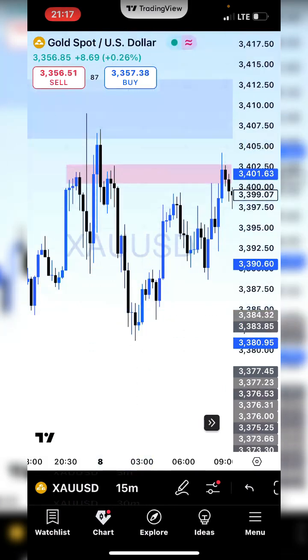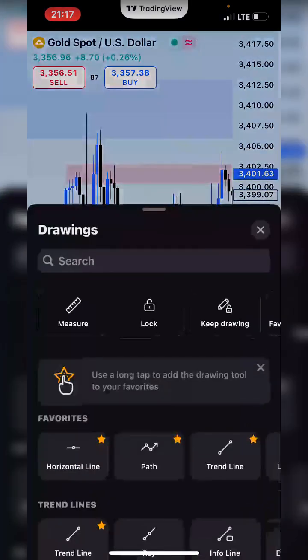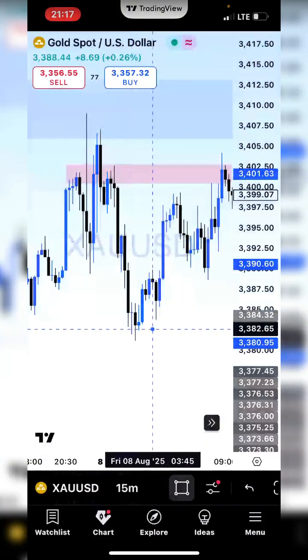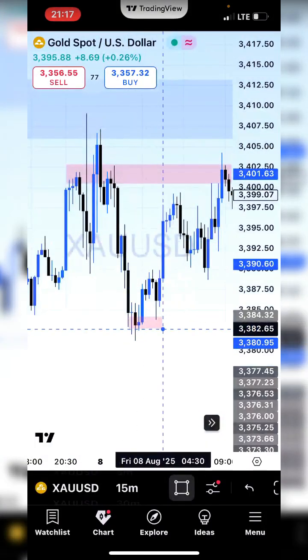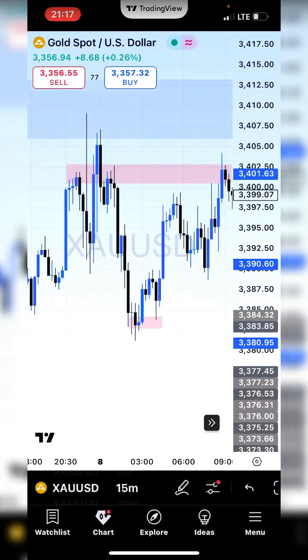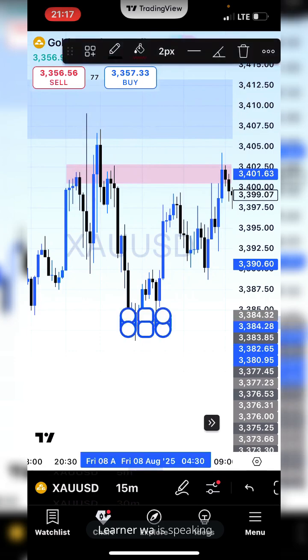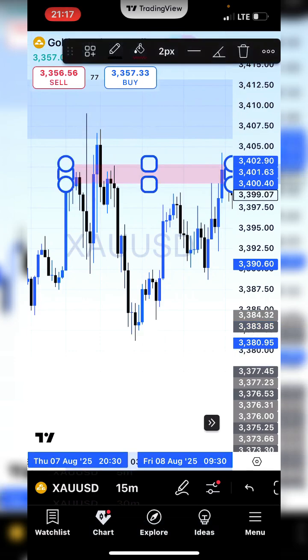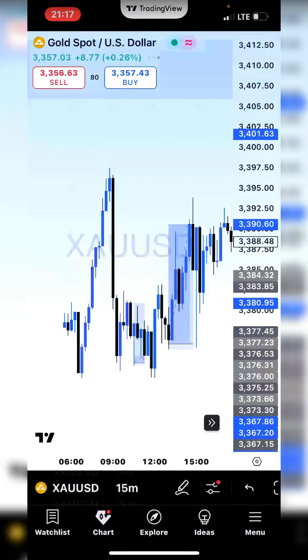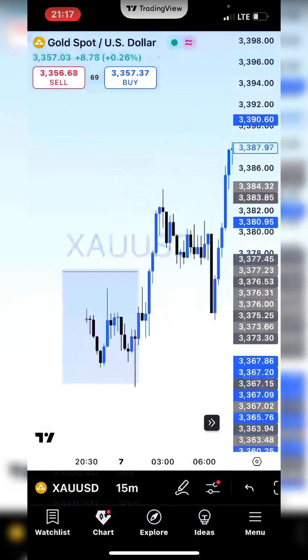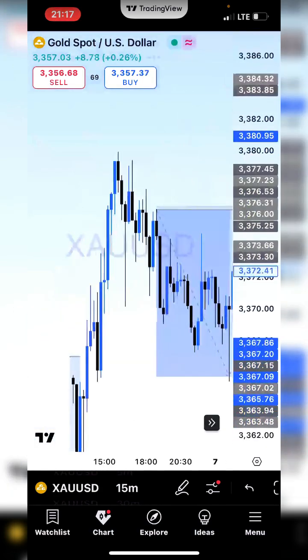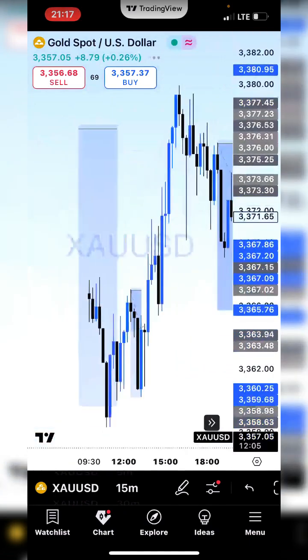So again, this is an invalidation, a buy invalidation. Are you guys seeing it? Yes, sir. Let me look for more examples. This is the easiest structure, it's not really hard to find.